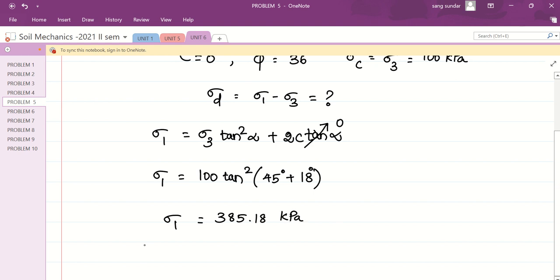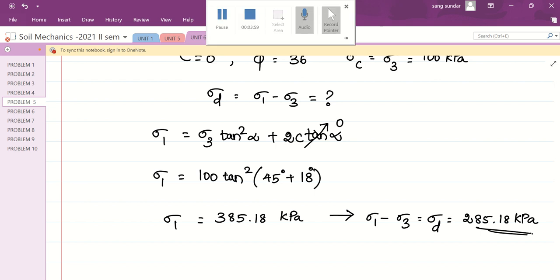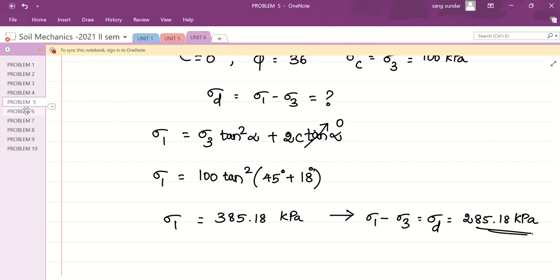So our deviator stress, this implies sigma 1 minus sigma 3, which is equal to sigma D, is 285.18 kPa. Is that right? Yes. Right. Now we'll move on to the next problem.